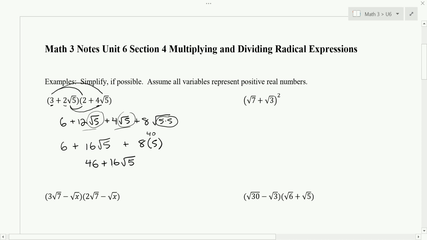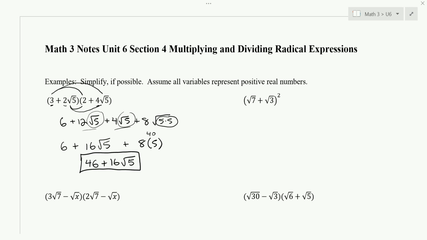Add the 46 and 16 is very tempting, but we can't. Okay, because order of operations says we have to multiply the 16 and the root 5 first, but we can't do that without a calculator, so we need to stop there. Okay, so I was being tricky by saying one more step. That's where we got to stop.